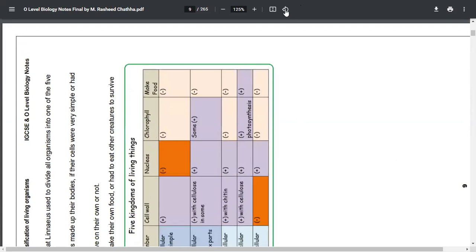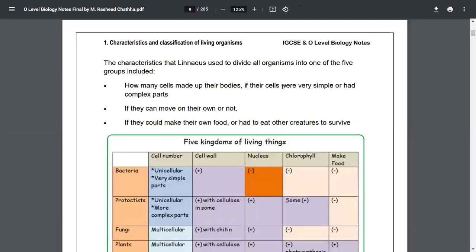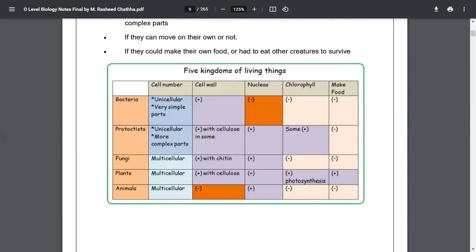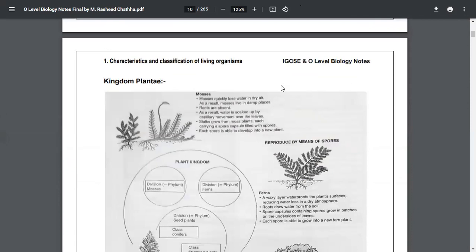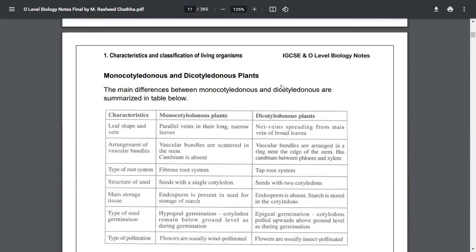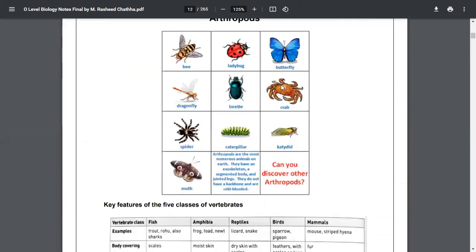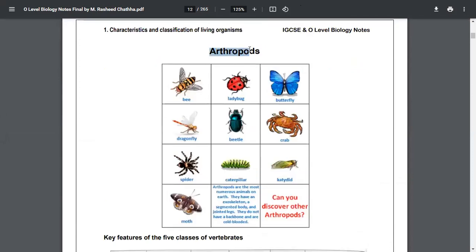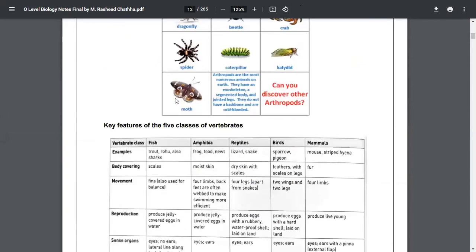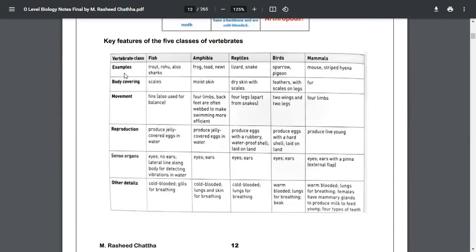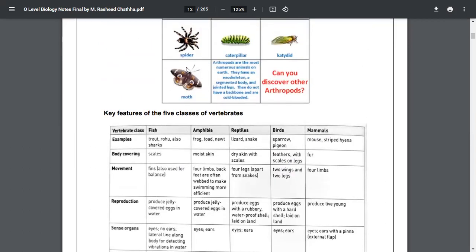Next are arthropods, and arthropods have four classes.